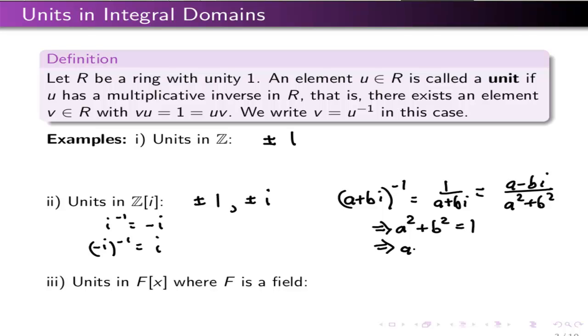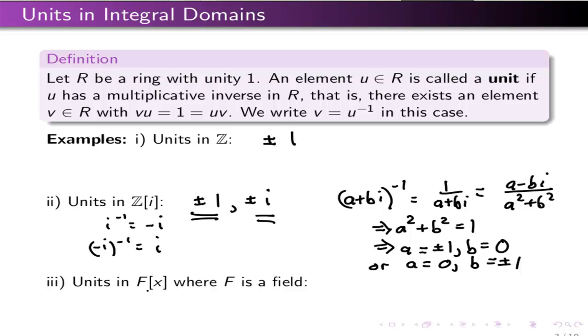That would imply that a is equal to plus or minus 1 and b is 0. So that would be plus or minus 1 right here. Or a is 0 and b is plus or minus 1. And that would give you these two units right here.